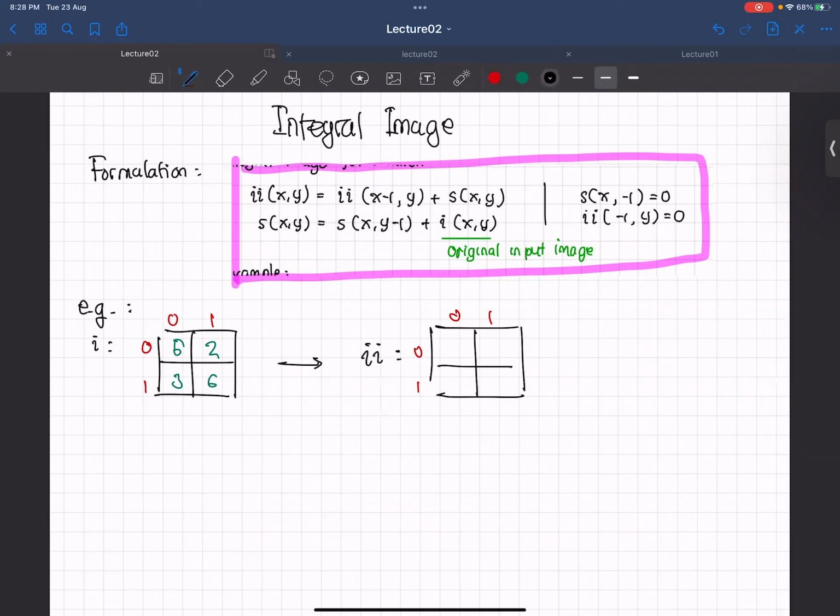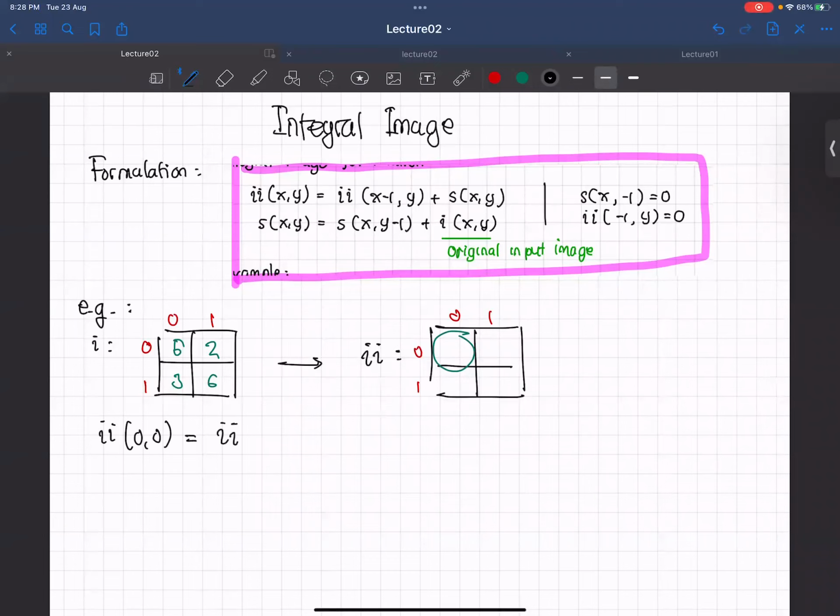So let's take a look at these numbers here. What would be the value at location 0, 0 for the integral image? So II(0, 0) equals to what then?